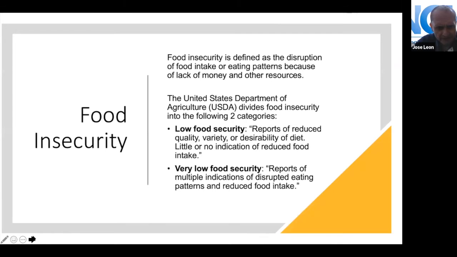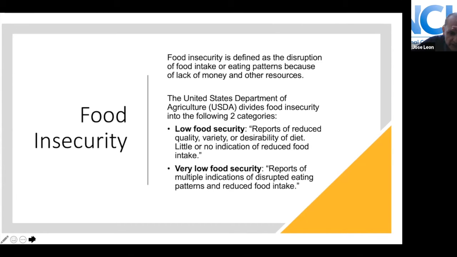This is extremely important in public housing and all other special populations that health centers serve. Food insecurity is basically the disruption of food intake because of lack of money and other resources.